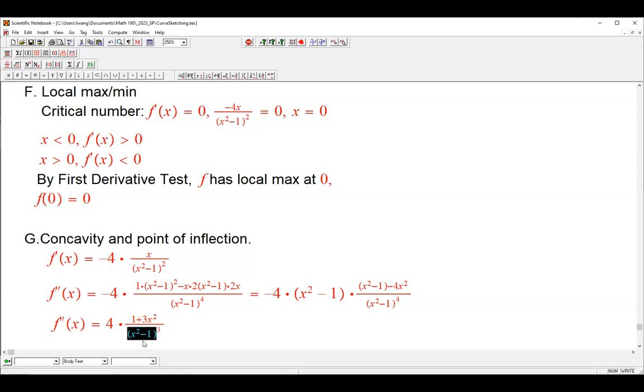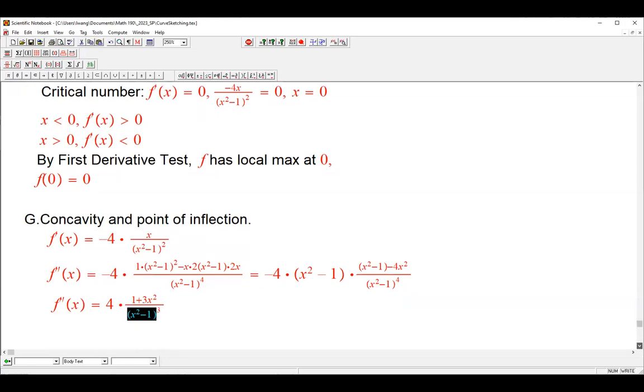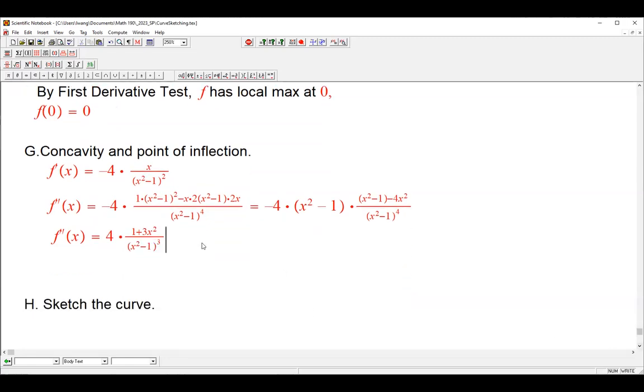When the parentheses is negative, the denominator will be negative, right? So you can write this in this form. The whole numerator is positive. The denominator may have change of sign. So let's study the sign change of the second order derivative.